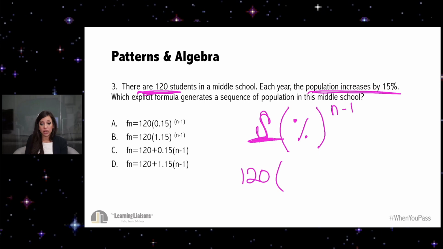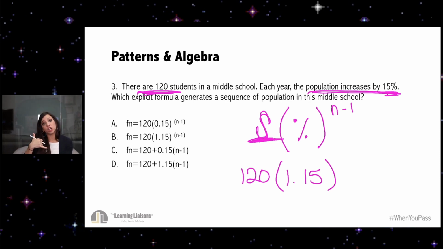Instead of putting the 1.15, which I'll explain in a minute, most people will just take this percent and throw it in that spot. However, if it's increasing, we want to start with our whole, which is a value of 1, and we want to add that percent to that. So it's 1.15.